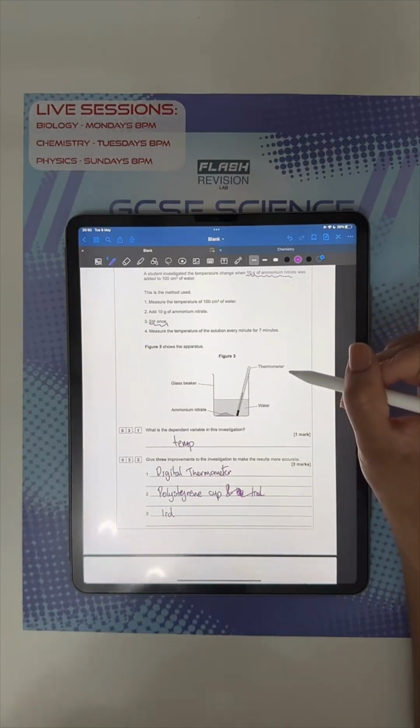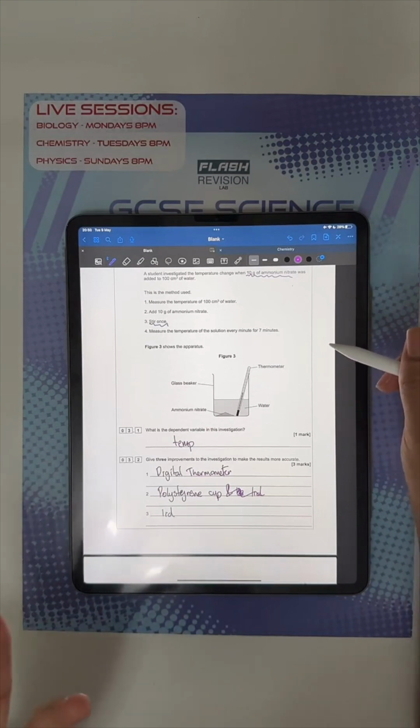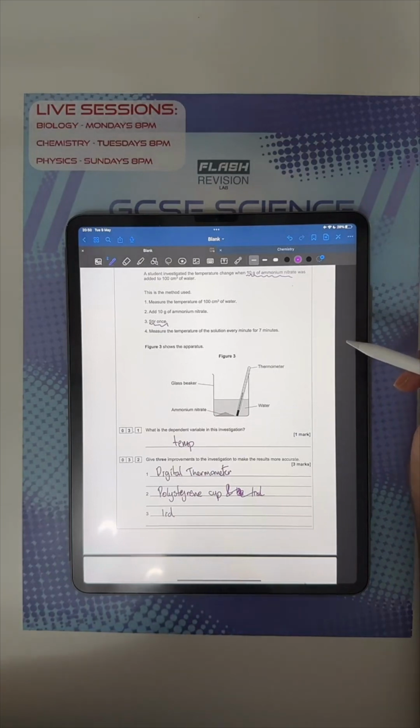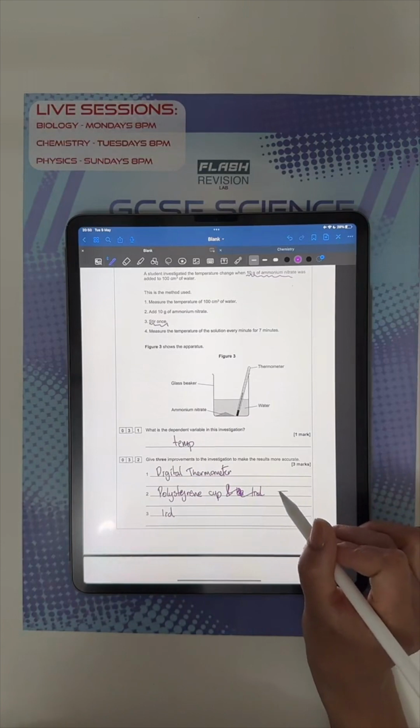It's like if you're weighing the mass of something, you want to keep it all on the mass balance. You don't want parts of it flying off, otherwise the mass is going to be wrong, isn't it? Or like if you're weighing yourself, if you put a really heavy jacket on, it's not going to be accurate. It's like that basically. Insulation, yeah, this comes under insulation, so that's fine as well.